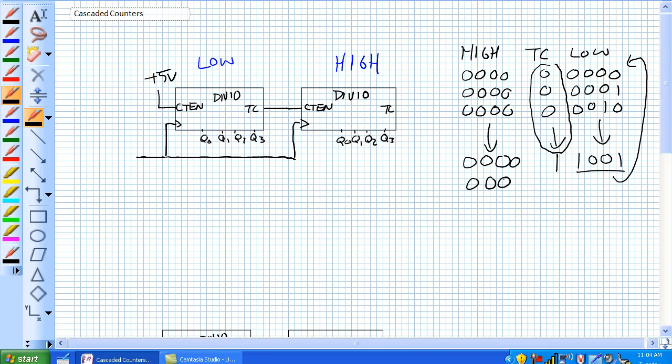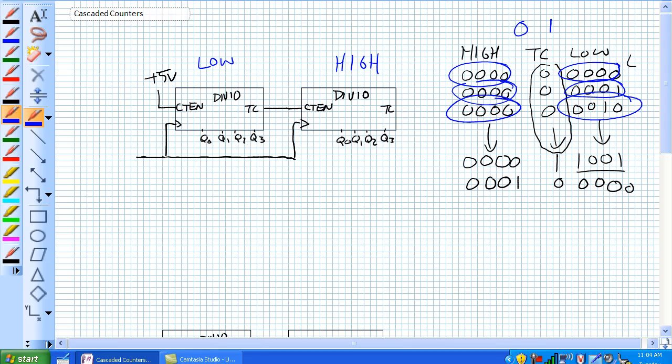It counts as the low order recycles. So in effect, the high order reads 0, low order 0. So 0, 0. 0, 1. 0, 2. Now you've gotten to 0, 9. What's the next step? 1, 0. And so on and so forth.